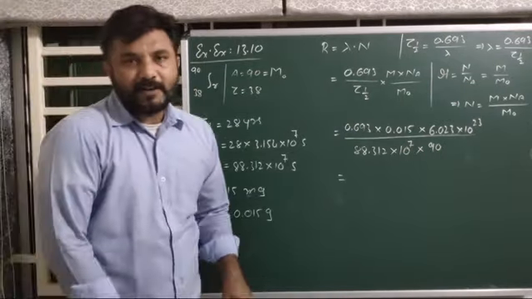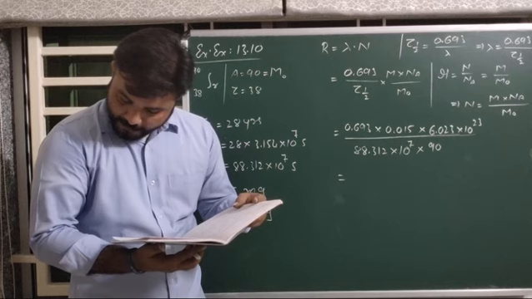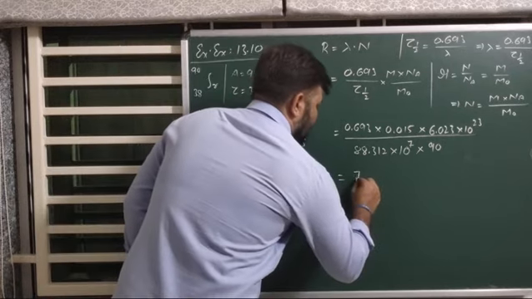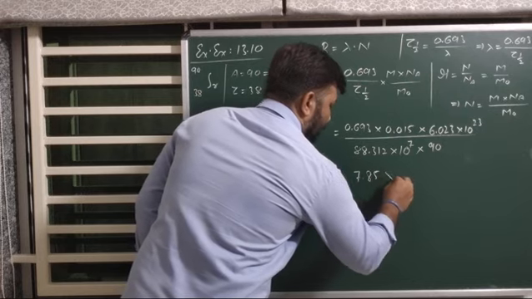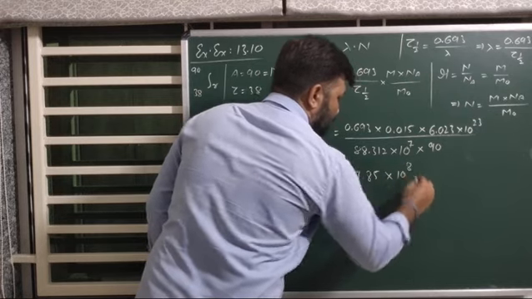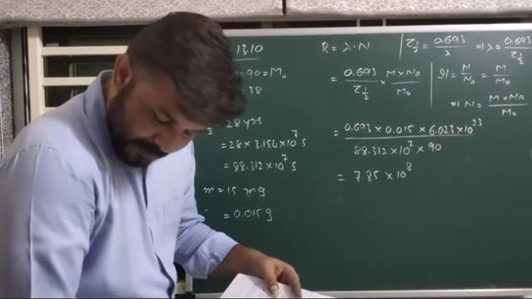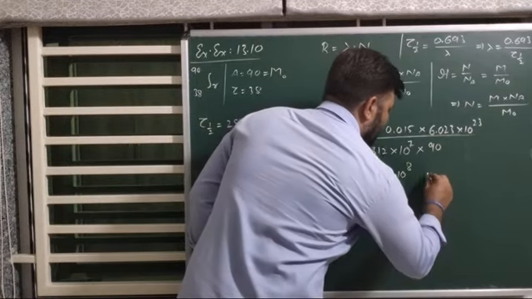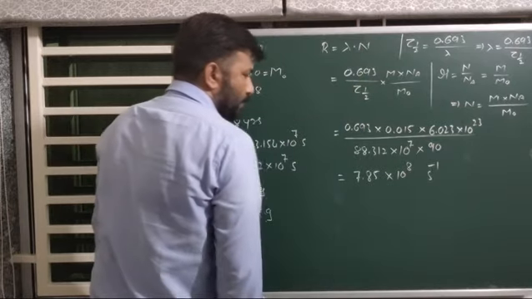I am writing directly. That is 7.85 multiplied by 10 to the 8. Is it? Yes. And this rate is in second inverse.